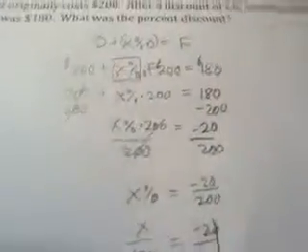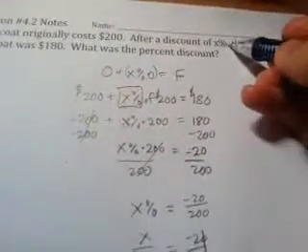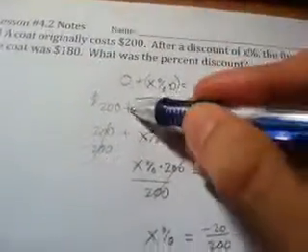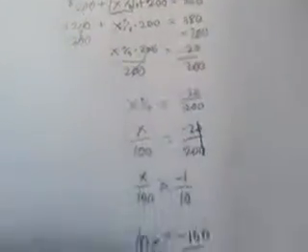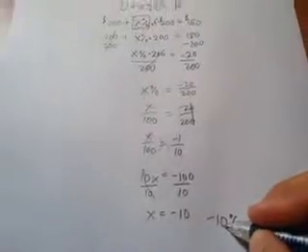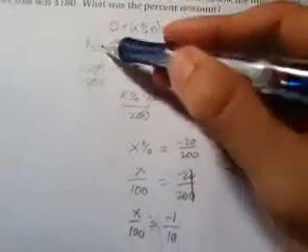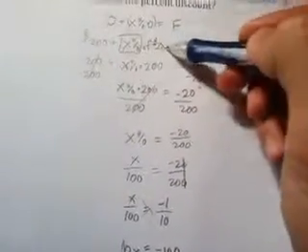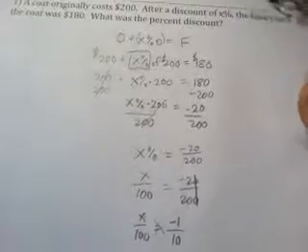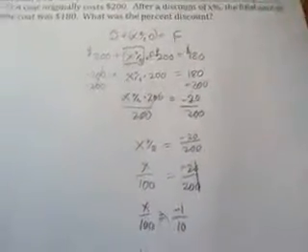It's because at the very beginning, the problem says it's a discount of X%, but I wrote plus X%. So if I plug negative 10% back into this original equation, I would get 200 minus 10% of 200, which makes sense because I'm taking away, or having a discount of, 10%.